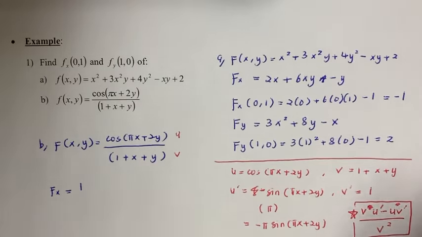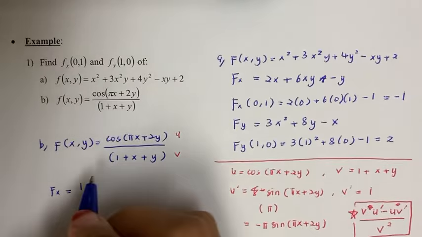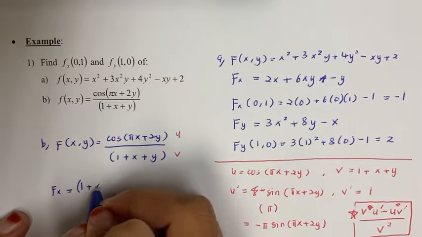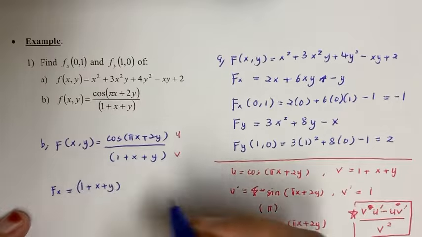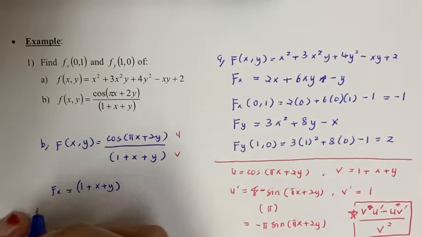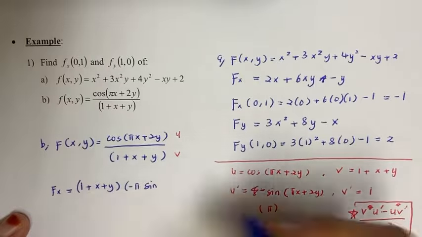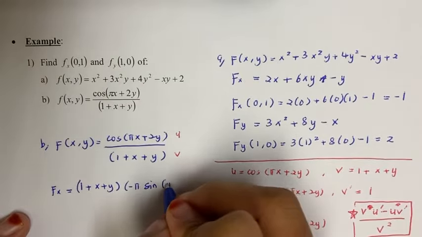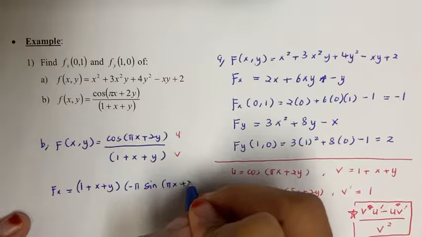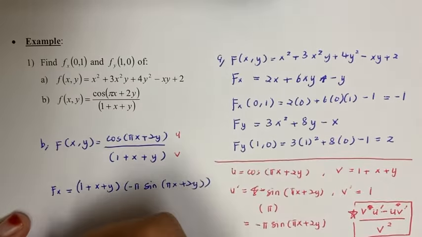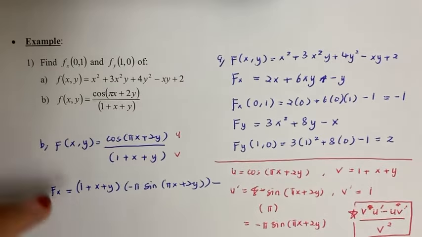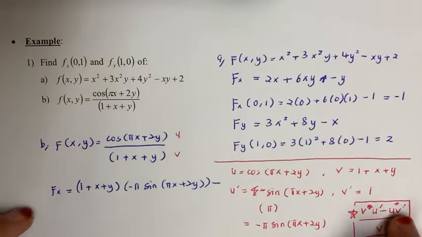So substitute v u prime. So 1 plus x plus y multiplied by u prime, which is minus pi sine(pi x plus 2y), minus, okay, u v prime.